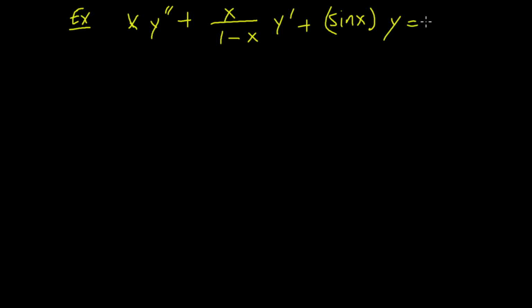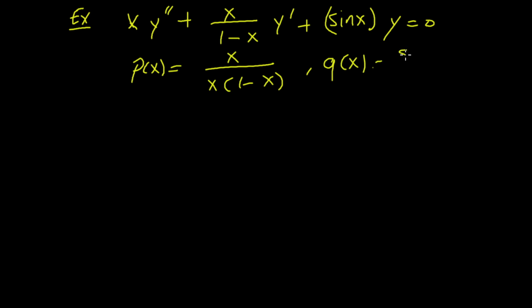So let's say x times the second derivative plus x over 1 minus x times the first derivative, plus let's say sine of x times the function equals 0. And let's find the analytic and singular points. So here if we divide by x, then p of x will be this, and q of x will be sine of x over x.